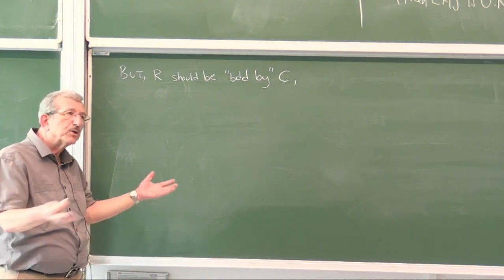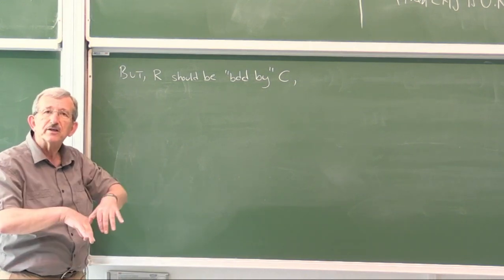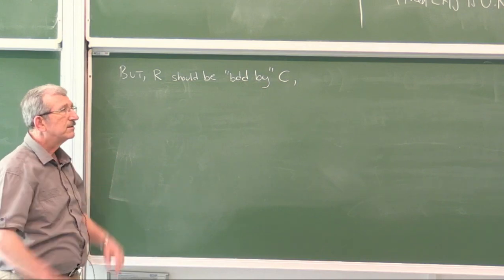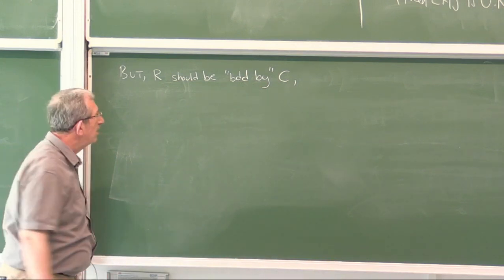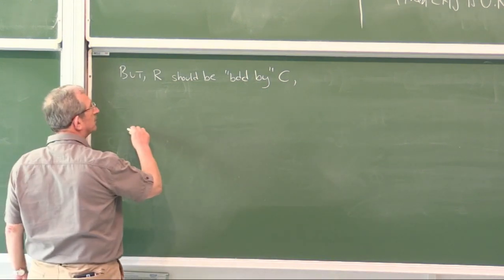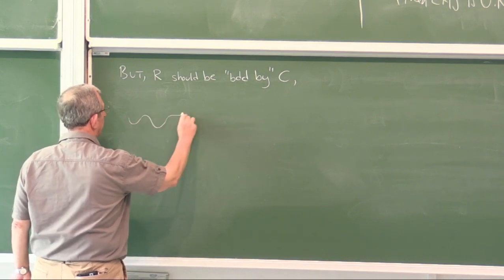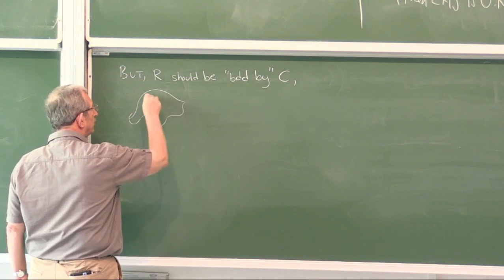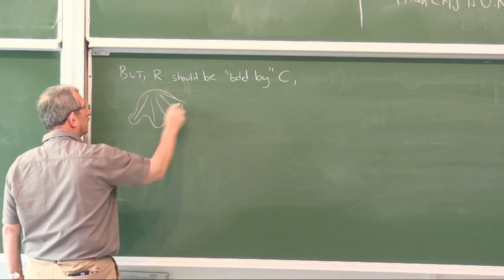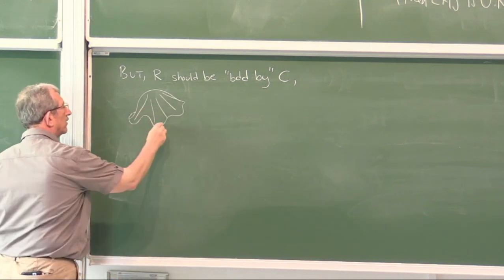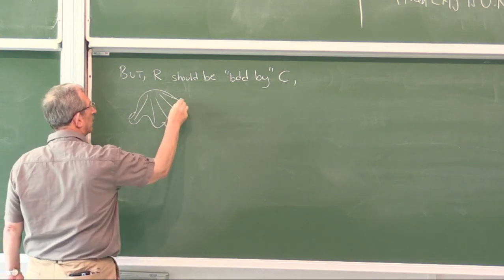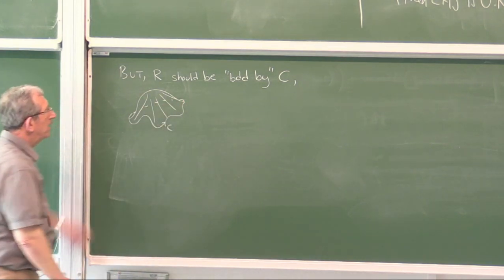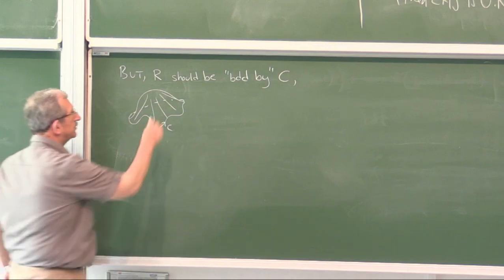Well, in the plane, it was obvious, the inside of C. But in space, this is a little bit tricky. So, for example, okay, if you have, say, a curve like this, and then it can bound, okay, a surface. So this is a surface.